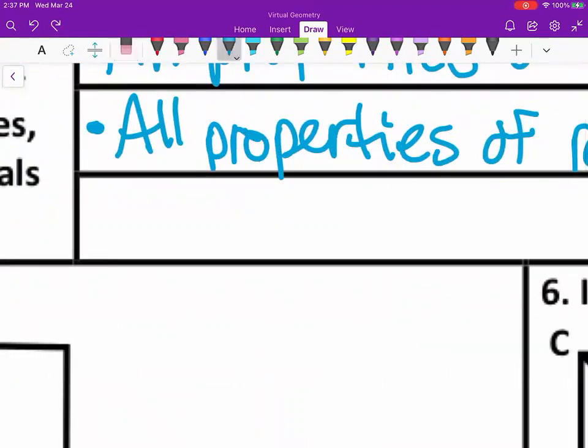It also has the same properties of the rhombus, which is what gives it all four sides the same.